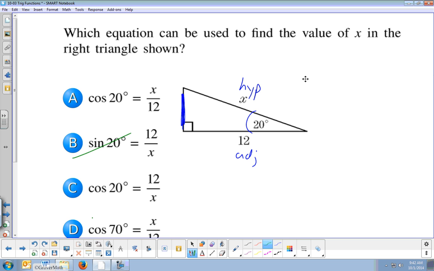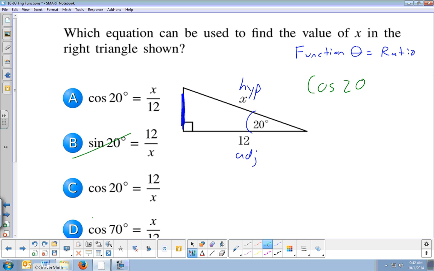And it would be cos 20, because all trig functions set up like this, with a function followed by an angle. Remember the theta symbol? That's the symbol we use to represent angles. So function angle equals ratio.